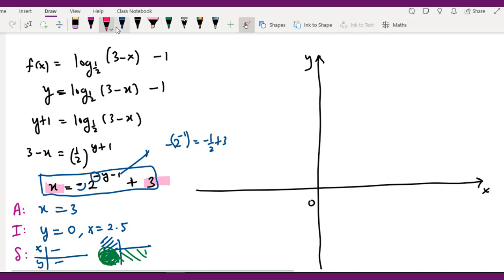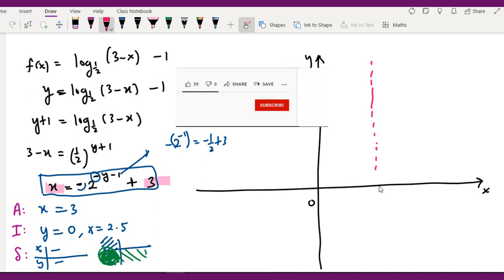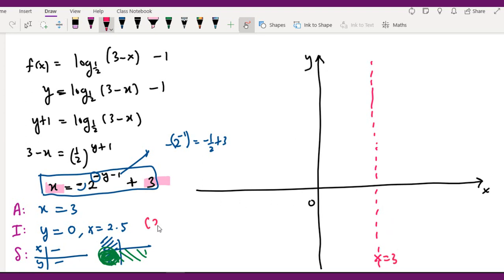And then sketch the graph. This is the vertical asymptote, x equals 3. And the point is (2.5, 0). Then the graph starts in the third quadrant.